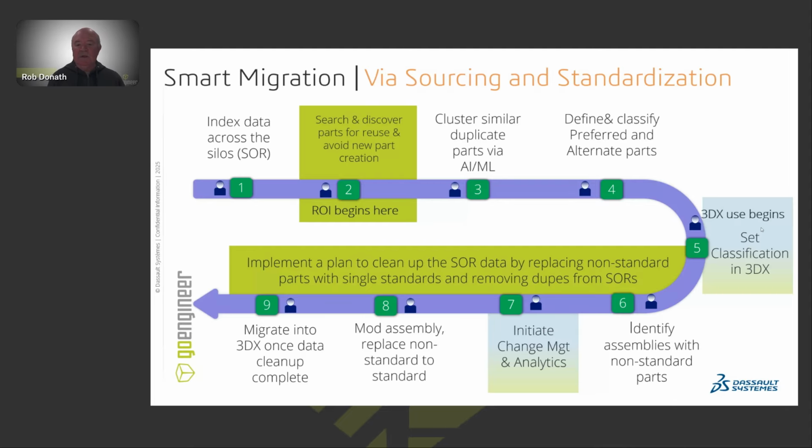And here, your organization would initiate change management, potentially in the 3D Experience platform, along with analytics, so you can see the burn down rate of all the assemblies. How quickly are you getting all of this done in preparation to then actually migrate that data in step 9 into your new environment?